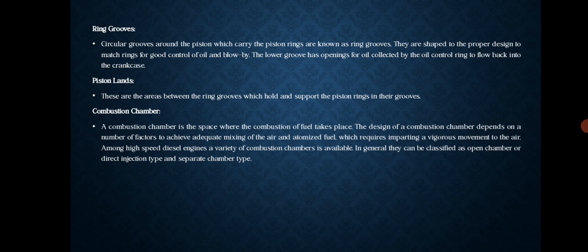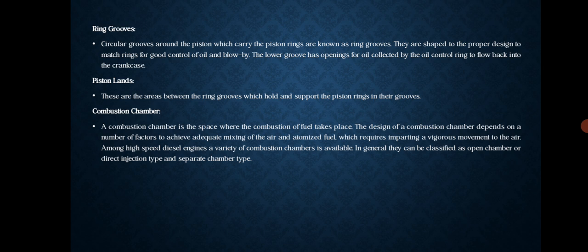The lower groove has openings for oil collected by the oil control ring to flow back into the crankcase. Piston lands. These are the areas between the piston grooves which hold and support the piston rings in their grooves.